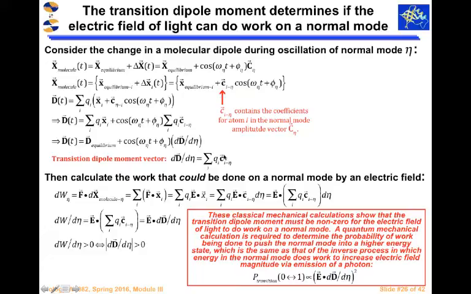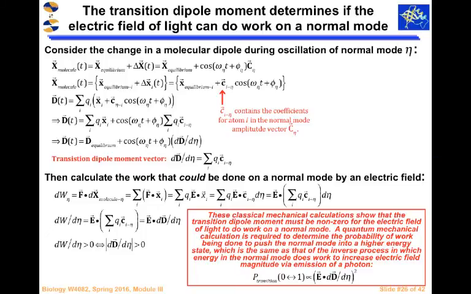And so we're going to call this the transition dipole moment: the sum of the charges in the atoms weighted by their relative amplitude of motion and sign. The sum of the charges in the atoms weighted by their coefficients in the normal mode vector will describe what we call the transition dipole moment. This is the change in the dipole moment basically along the normal mode coordinate.